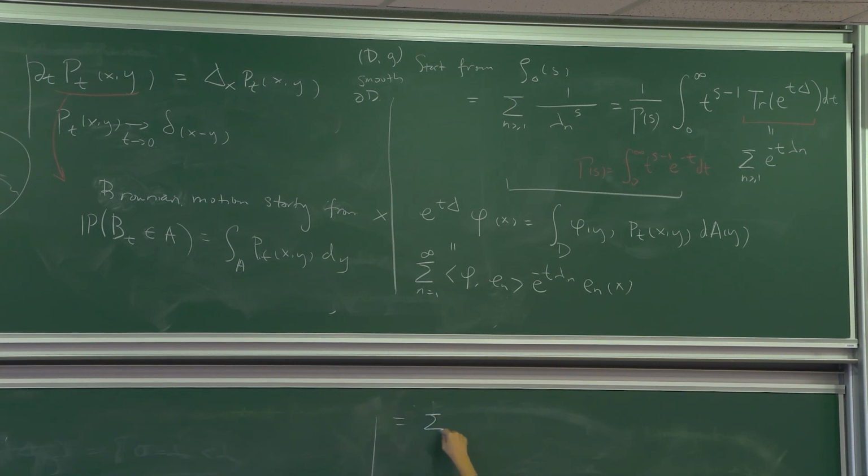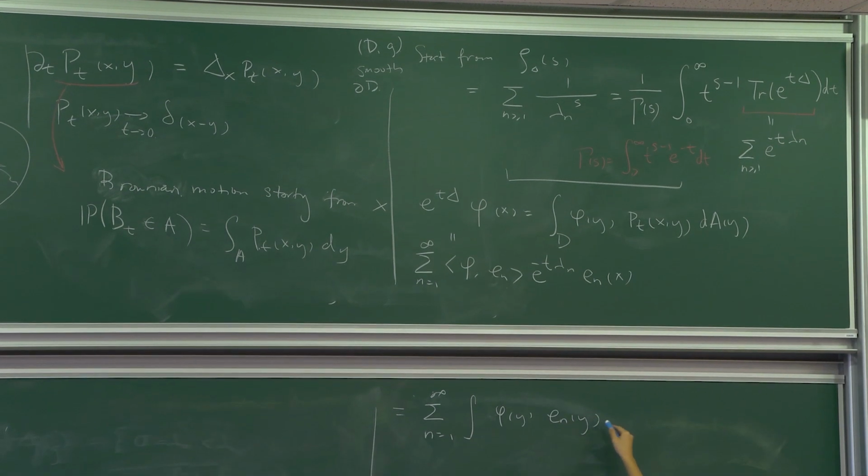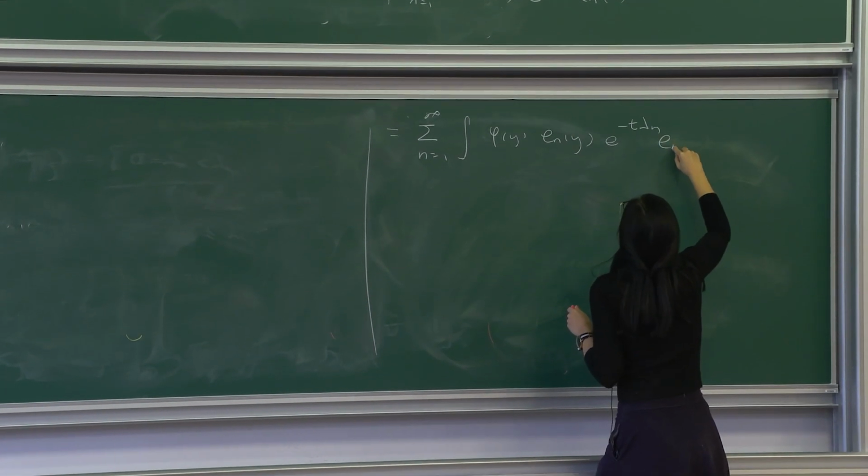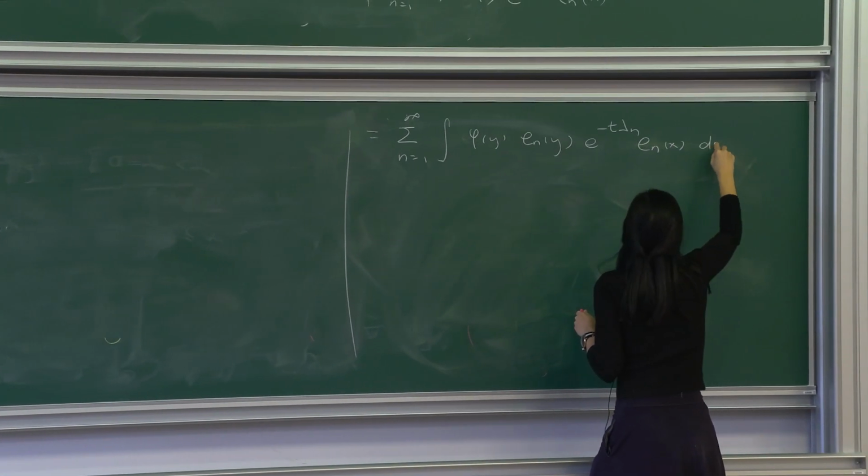This will also equal the sum from n equals 1 to infinity of the integral of phi(y) E_n(y) exponential of minus t lambda_n E_n(x) dy.